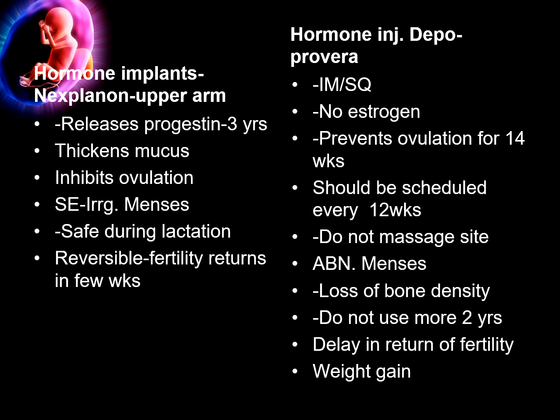The women do report abnormal menses. They can lose bone density, which is a concern. So the recommended time for use is only 2 years. And there is a delay in return of fertility once the woman stops getting these injections. There's also reports of weight gain.